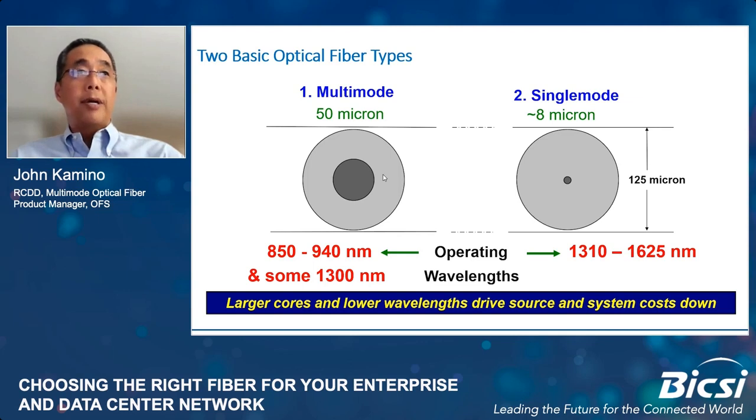Multimode fiber operates at lower wavelengths, from 850 to 940, while still supporting some legacy 1300 nanometer applications, while single mode fiber operates at a higher wavelength range, between 1310 and 1625 nanometers. Multimode's larger core gives it some advantage in the ability to use lower cost sources and therefore keep total systems costs down for short reach applications.